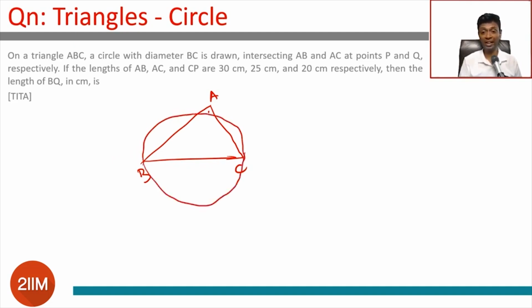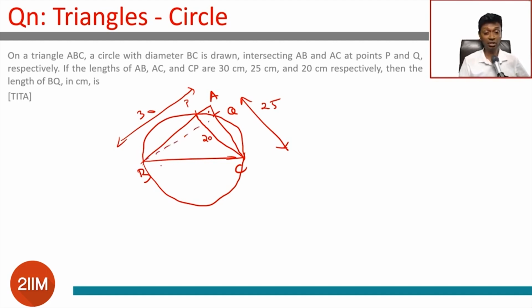Then intersecting AB and AC at points P and Q respectively. This is P, this is Q. AB is 30, AC is 25, CP is 20. And then the length BQ in centimeters, we need to find BQ.